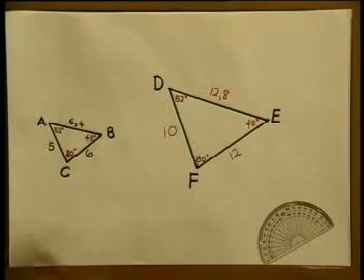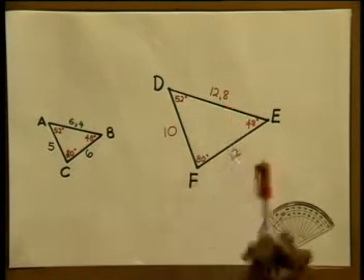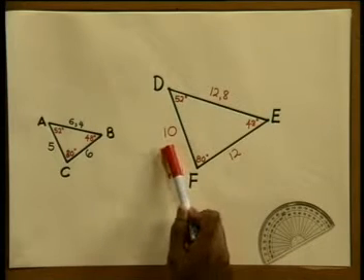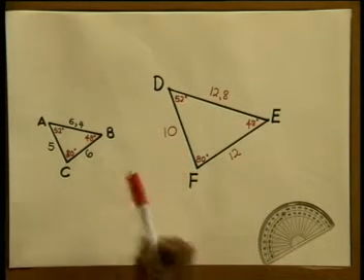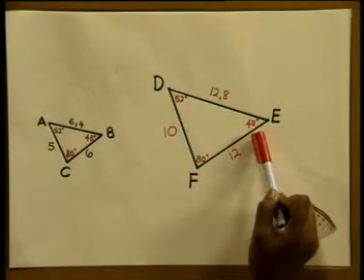We see that the lengths of the sides are 12,8 centimeters, 12 centimeters, and 10 centimeters. We also find that angle B is 48 degrees and angle E is 48 degrees. We can clearly see that the corresponding angles in both these triangles are equal in size.